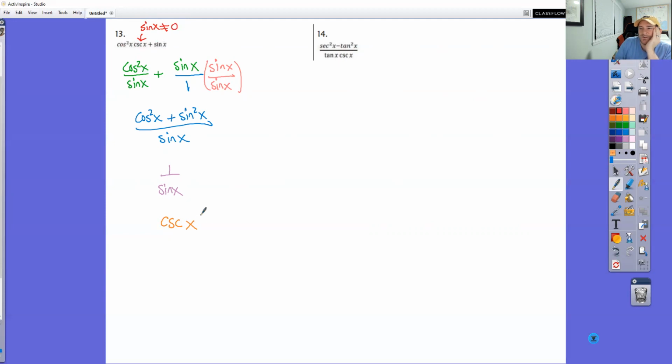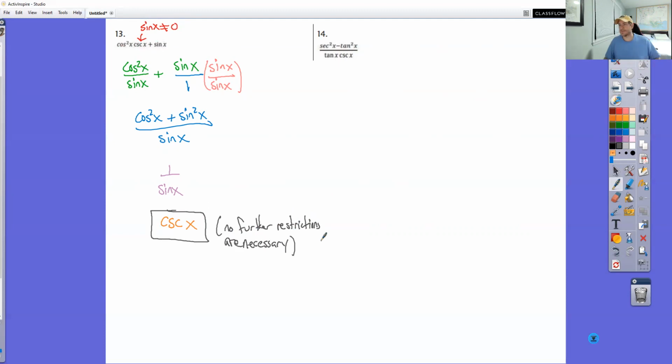Cosecant already has that restriction on it. So I would say we're done. It's that expression. No further restrictions are necessary. All right, sweet. Let's do the next one.